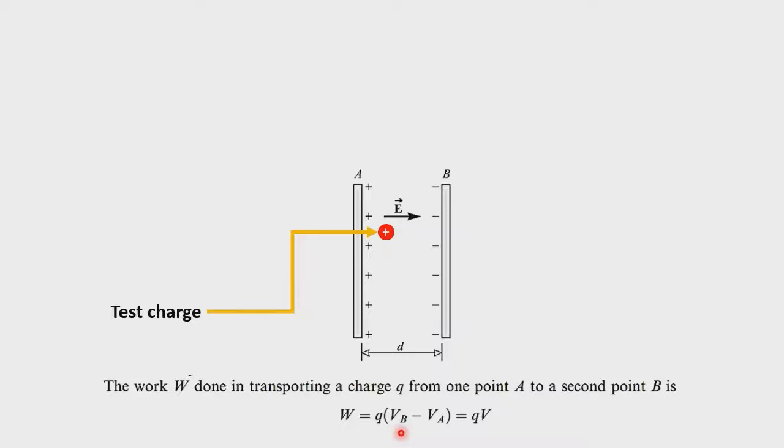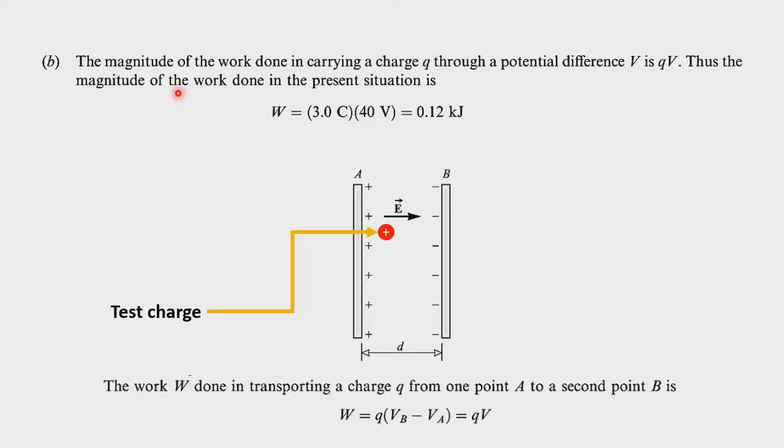Voltage simply means the potential difference, B minus A, which is described by Q times V.